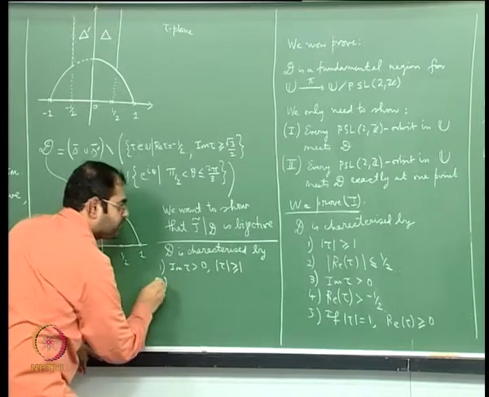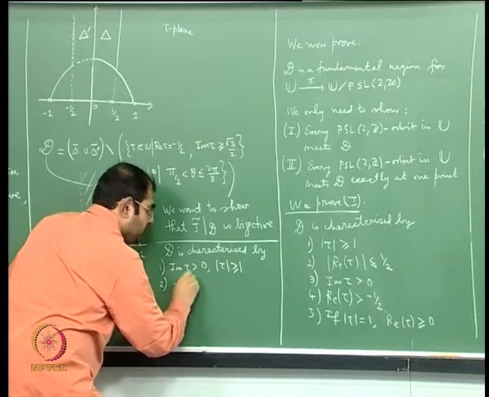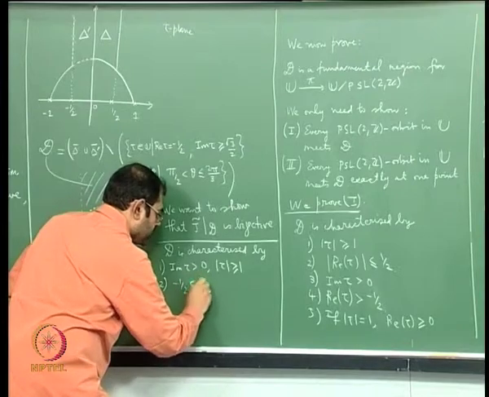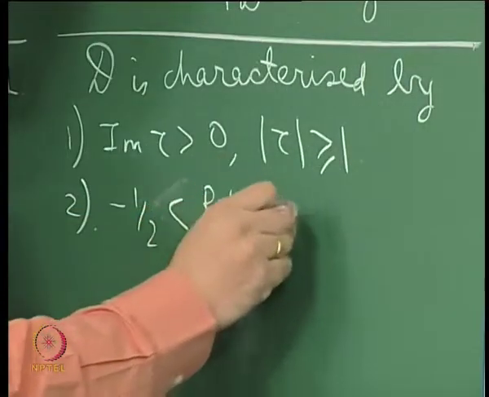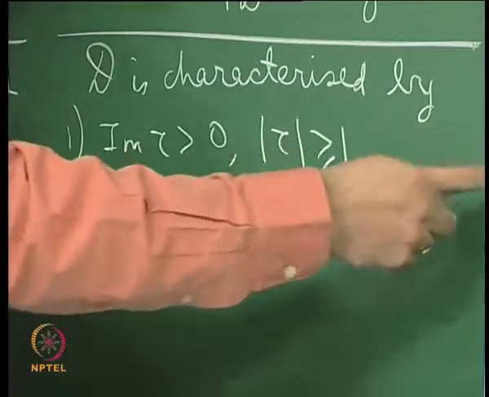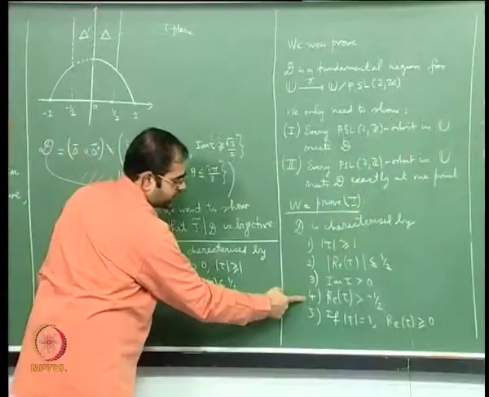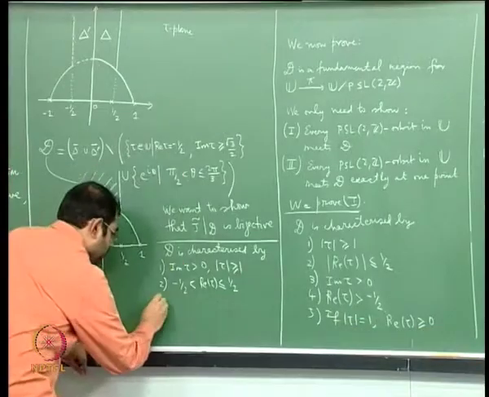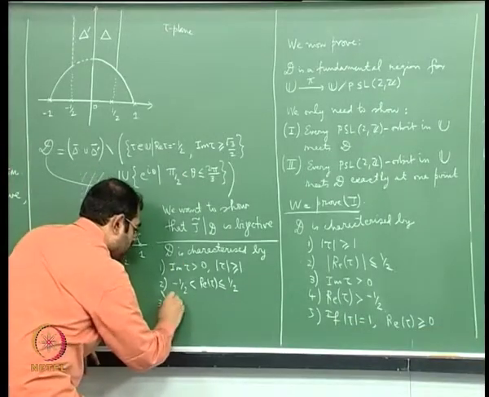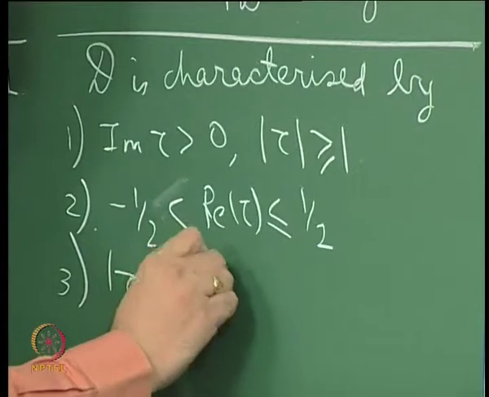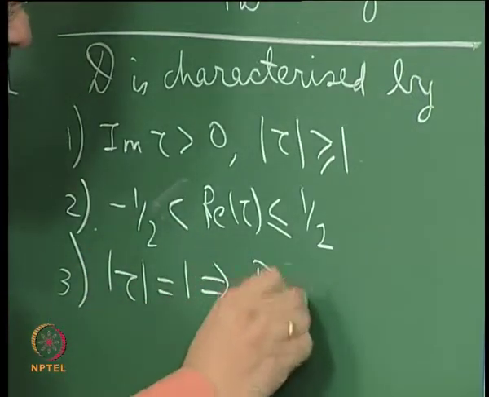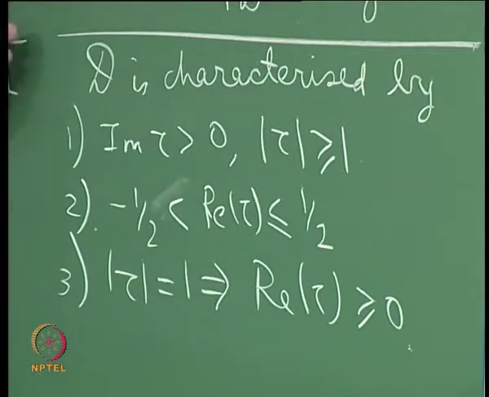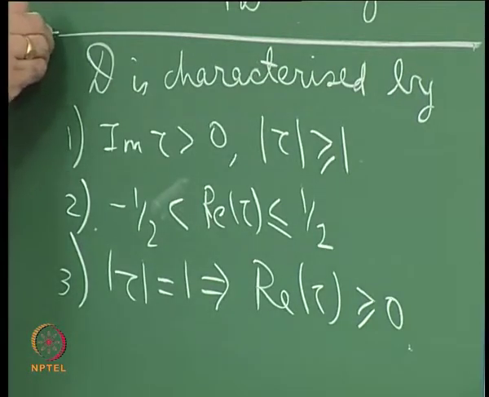Number 2, minus half less than or equal to, strictly less than, the real part of τ less than or equal to half, that combines this and this. These two have combined as one, and there is only one more condition: |τ| equal to 1 implies the real part of τ is greater than or equal to 0.